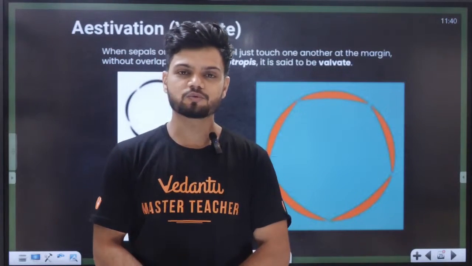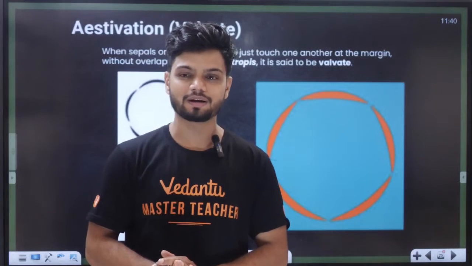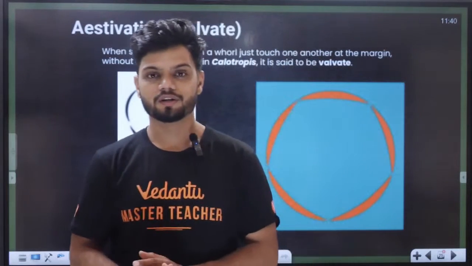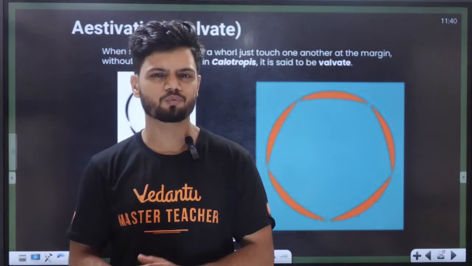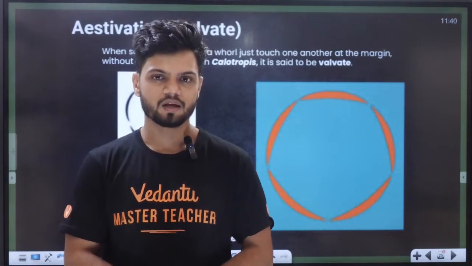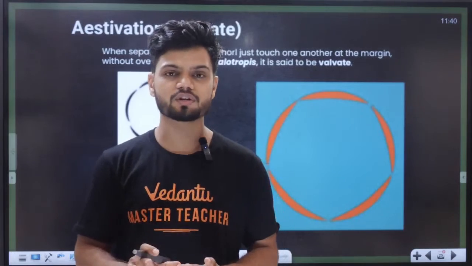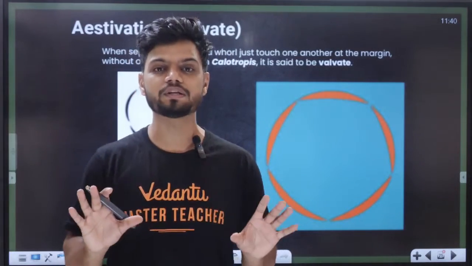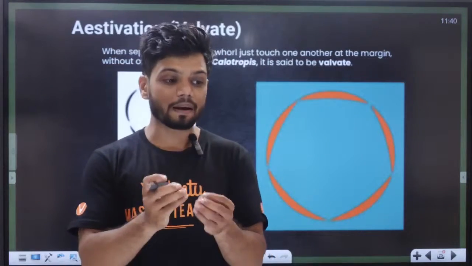Amazing. Now, students, the next concept is called estivation. What exactly happens in estivation? Estivation is nothing but the arrangement of petals or sepals with respect to each other. That's all. So how are the petals going to be arranged?